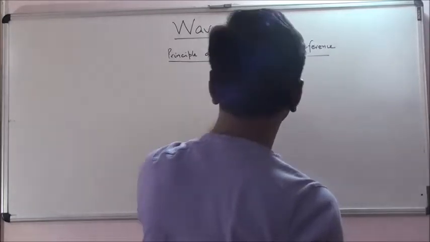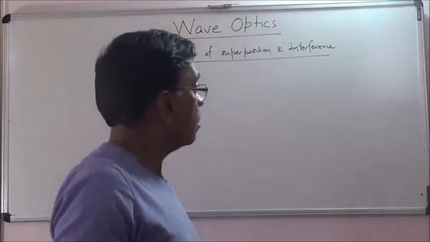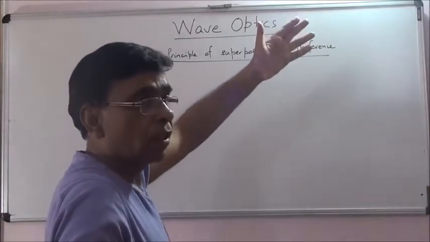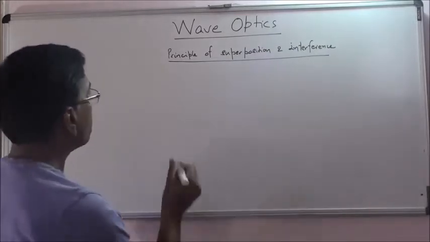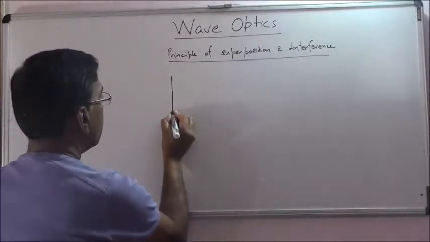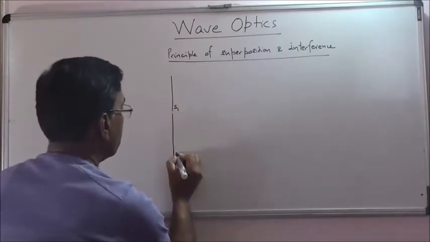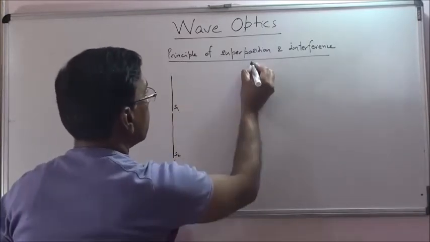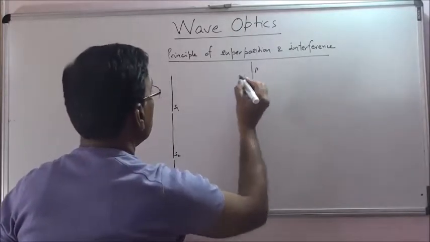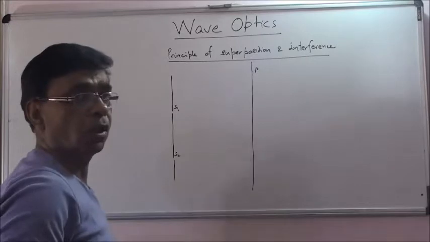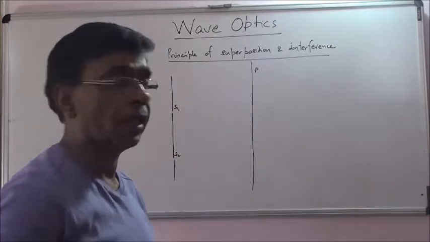And now we will see how the principle of superposition, when we have two or more waves in a medium, leads to interference. Let us take S1, S2 as two sources giving us light waves.